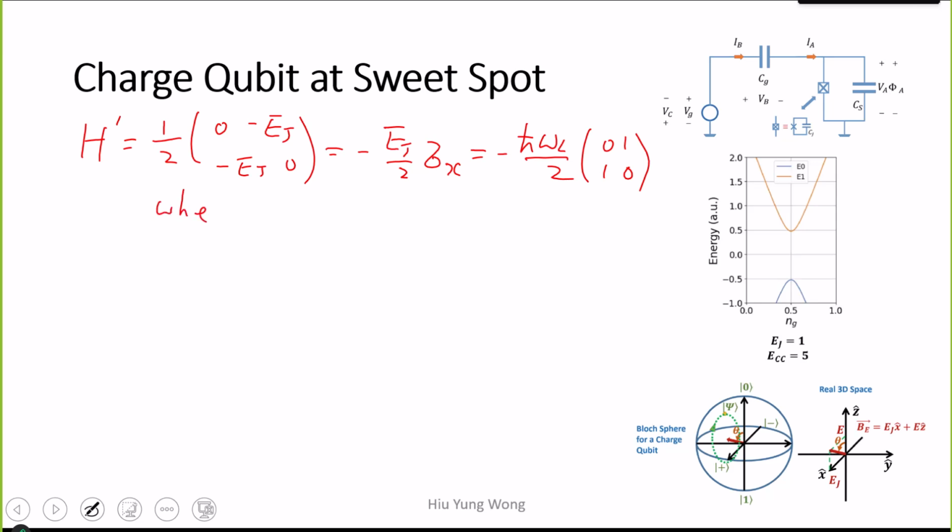Where h bar omega L equals EJ. So basically for a charge qubit at the sweet spot, this is EJ. So if you change the Josephson junction energy, you will be able to change the qubit frequency, h bar omega L. H bar omega is the normal frequency, right?